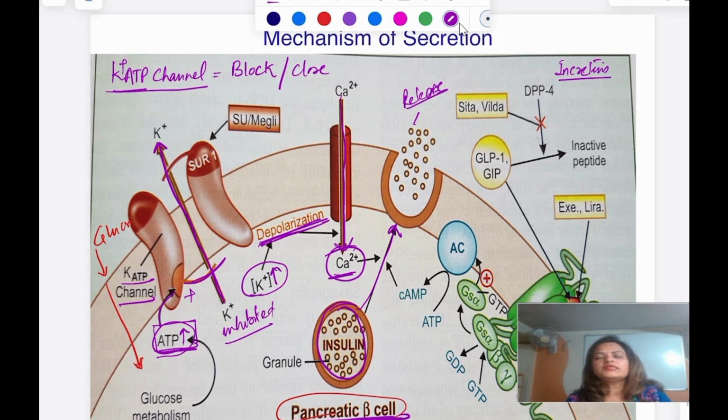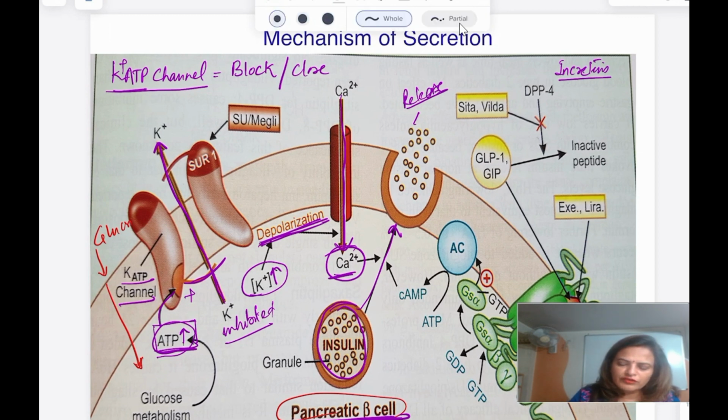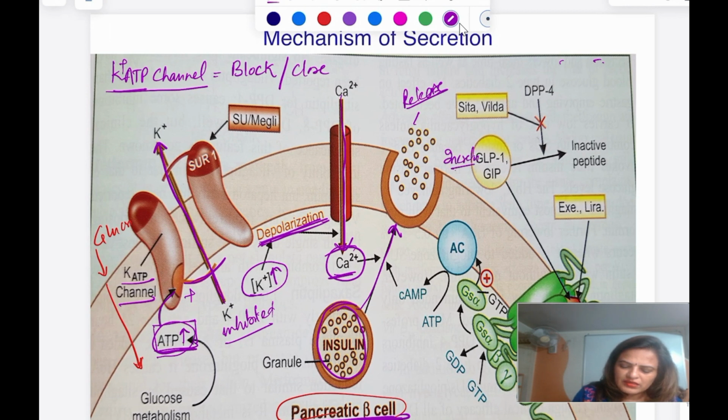So what are the incretins? They are GLP-1 and GIP.